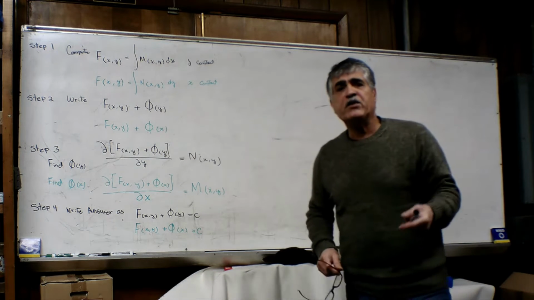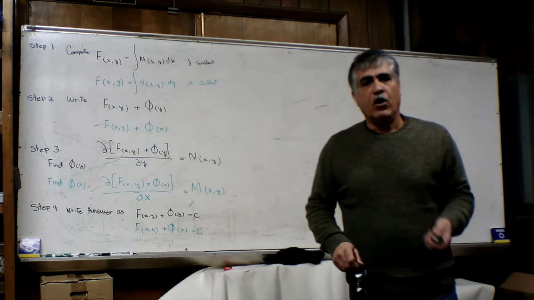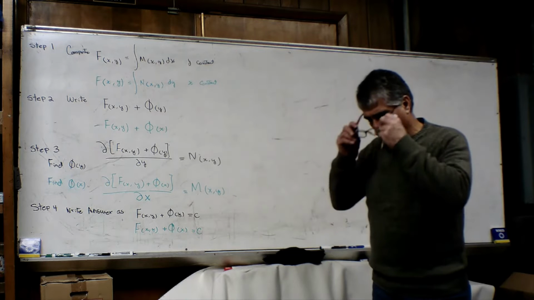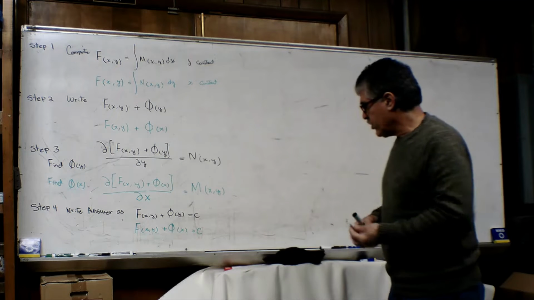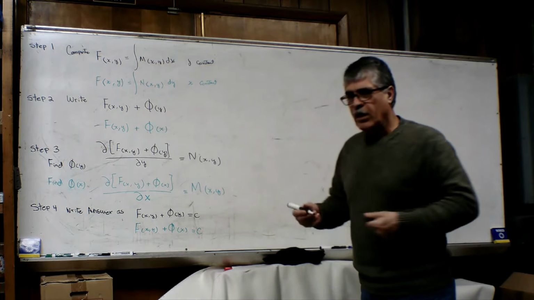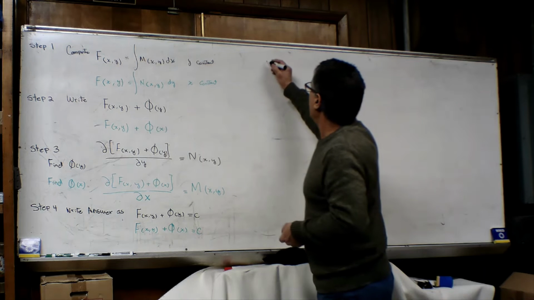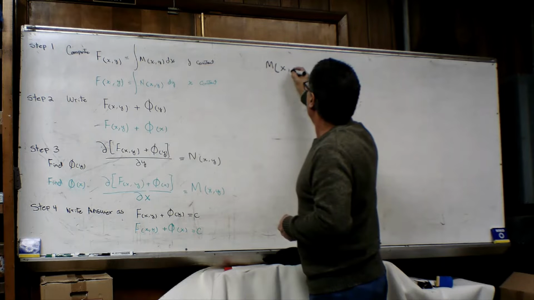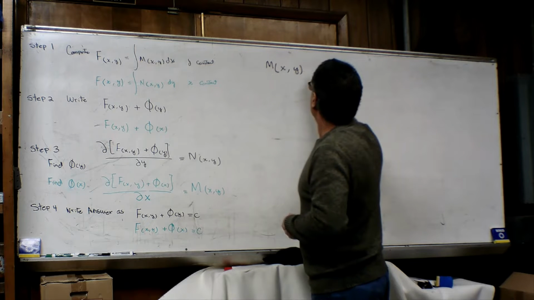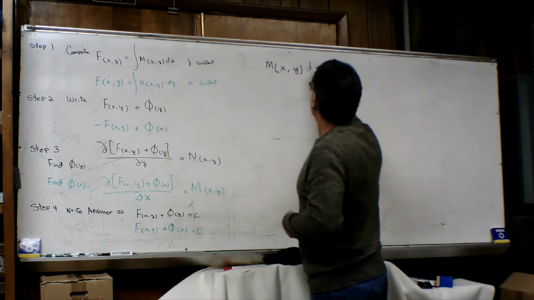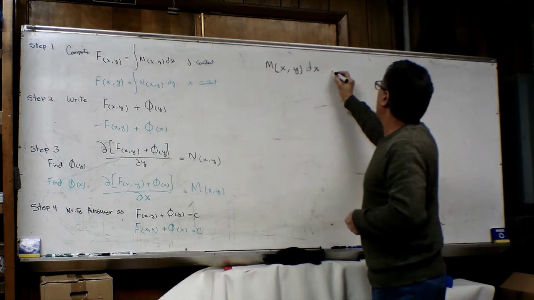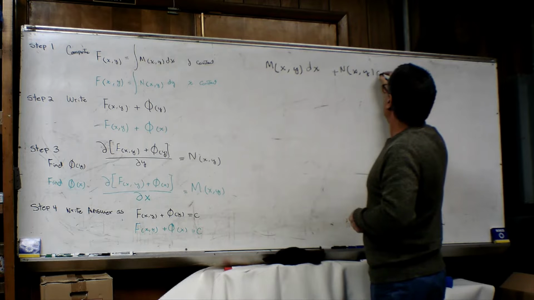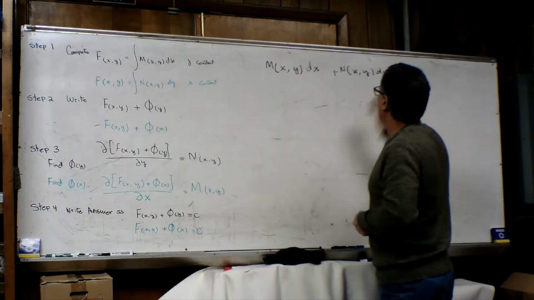The first thing is we have to make sure that our differential equation is an exact differential equation. So let's say our equation is in the differential form of M as a function of x and y dx plus N as a function of x and y dy equal to 0.